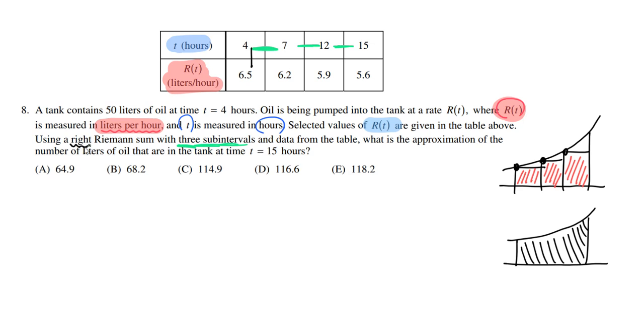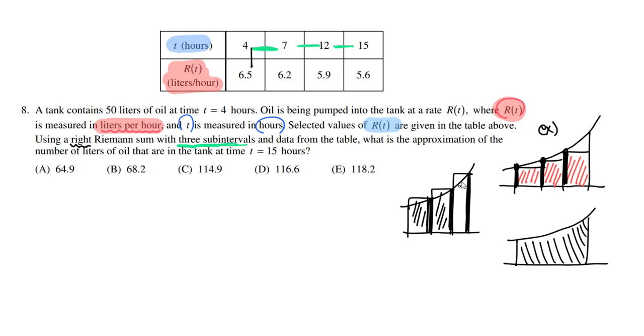But you have to use the right Riemann sum. This example shows you a left Riemann sum, because the left side of the rectangle is the height. If you want a right Riemann sum, then you have to think like this: the right side of a rectangle is the height of these rectangles.